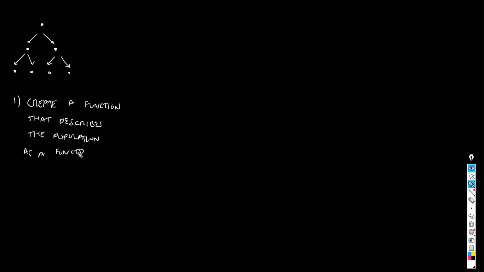That's the first thing I'm going to do. Remember, every 5 minutes: this is time 0 minutes, this is time 5 minutes, this is time 10 minutes. So I'm going to create a function that as input will take the time and as output will tell you the amount of bacteria that you're going to have.